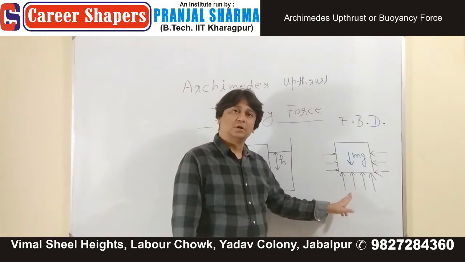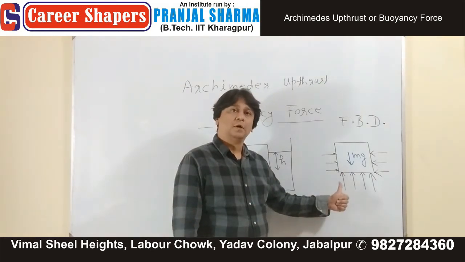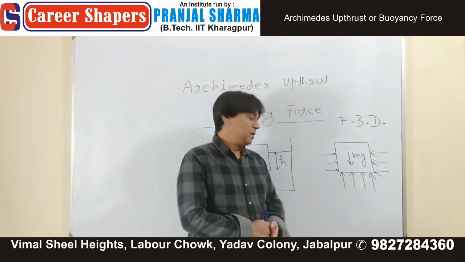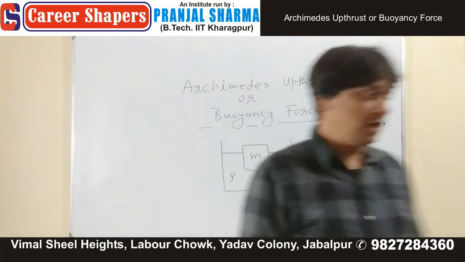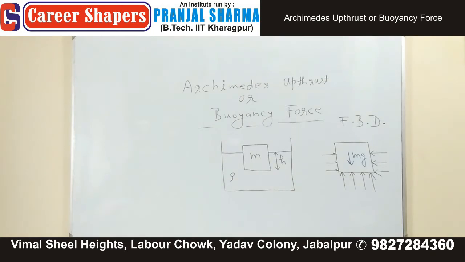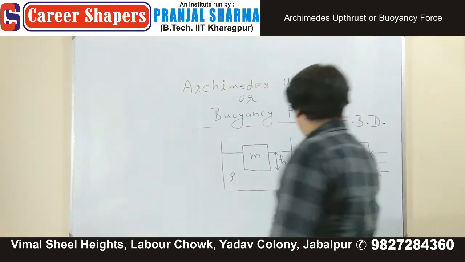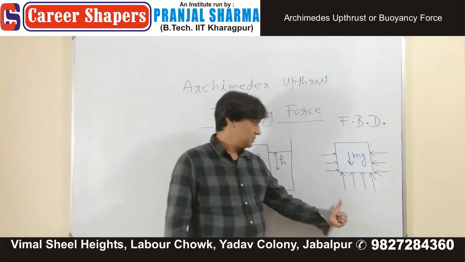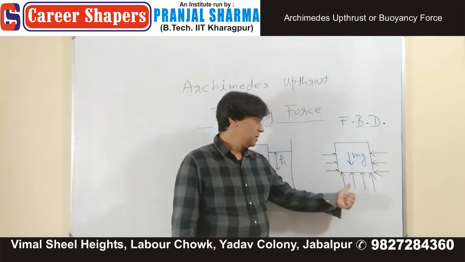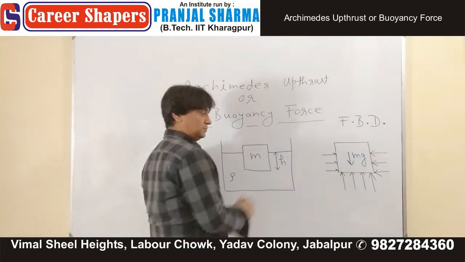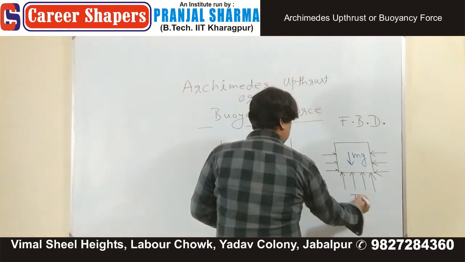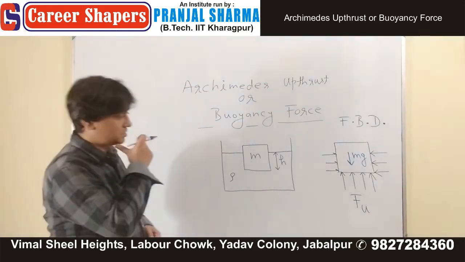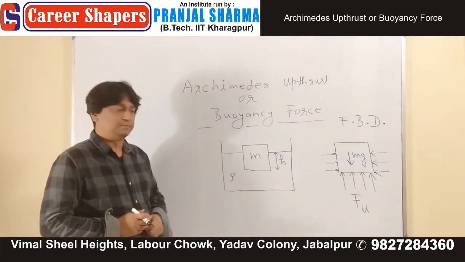What is the direction? Up. What is the force? Normal reaction force. In pressure, the force which we take is always what? Normal reaction force. Normal reaction force always acts towards the body. This is the force. This force is Fu, U for upthrust, and we need to find this.